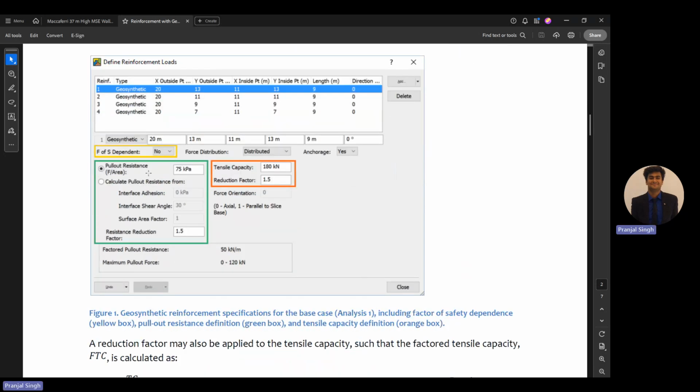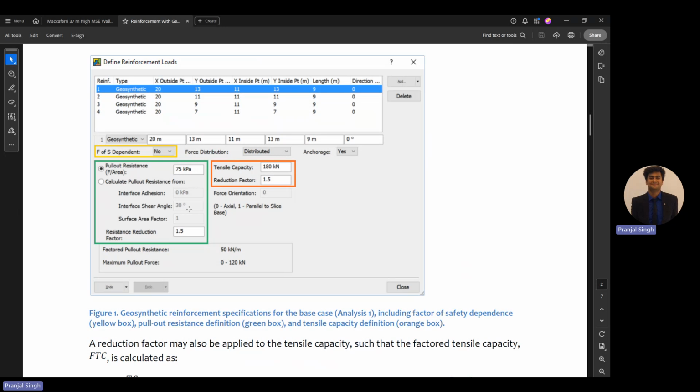Then you can see here that pull-out resistance is given as force per unit area. That means bearing is dominant. Friction is not dominant. Whereas if you click on calculate pull-out resistance, then it is dependent on the overburden and friction is dominant.